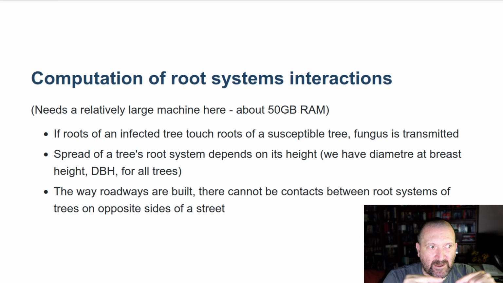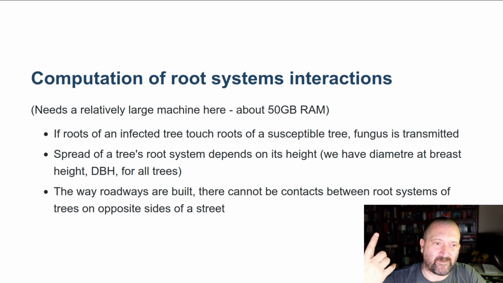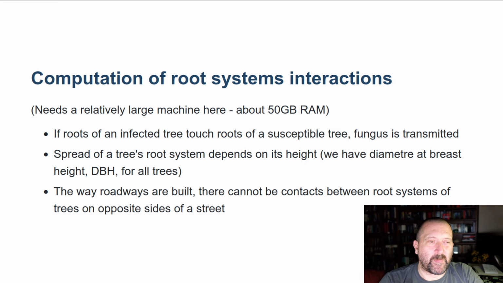If you have two nearby trees whose root systems touch at some point and one of the trees is infected, almost automatically the touching tree is also infected. And the size of the root system of a tree, of course, depends on the size of the tree. But there's a way to recuperate an approximation of the extent of the root system based on the height of the tree. And once you have the diameter at breast height, you can approximate the height of a tree.